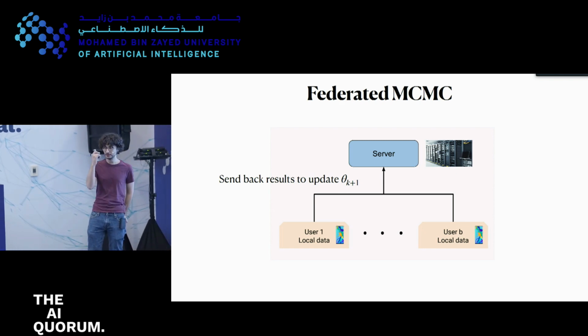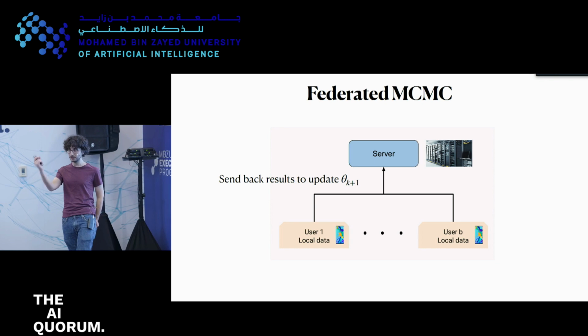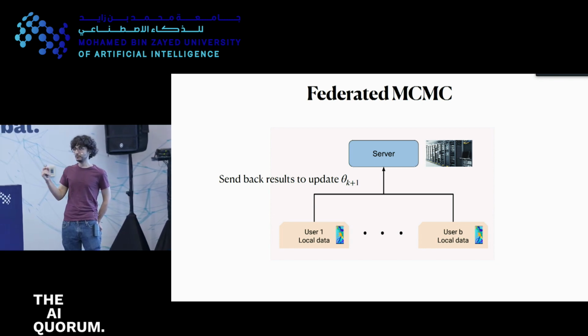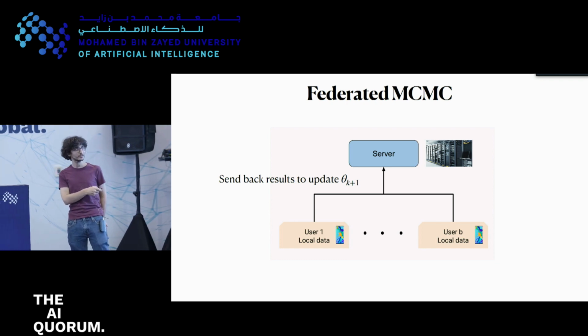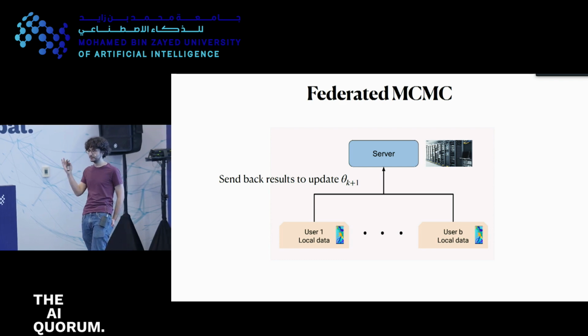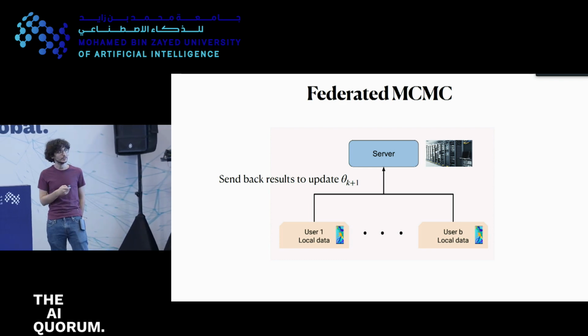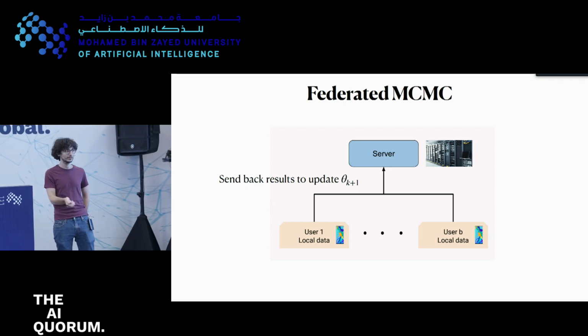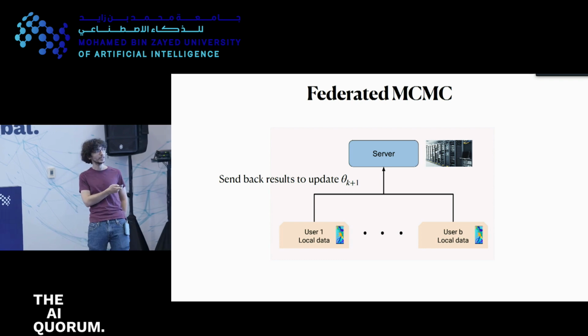The server has now computed the update theta k plus 1, which is sent back to each client, and again and again. And somehow this summarizes the federated Langevin sampler that we developed, akin to what is done, as I said, in stochastic optimization.